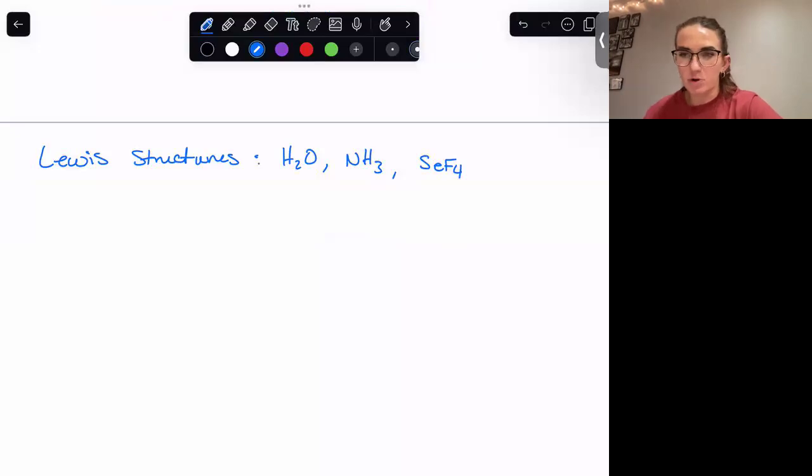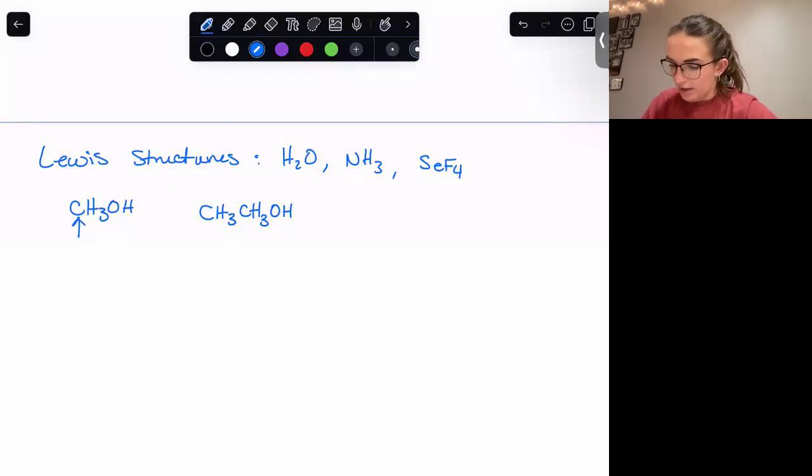If you have something a little bit more complicated, like methanol, and you need to draw the Lewis structure, or ethanol even, what I want you to know when you're reading elements or compounds like this is that they're saying this is the central atom, whatever element is first, and this is what's attached.